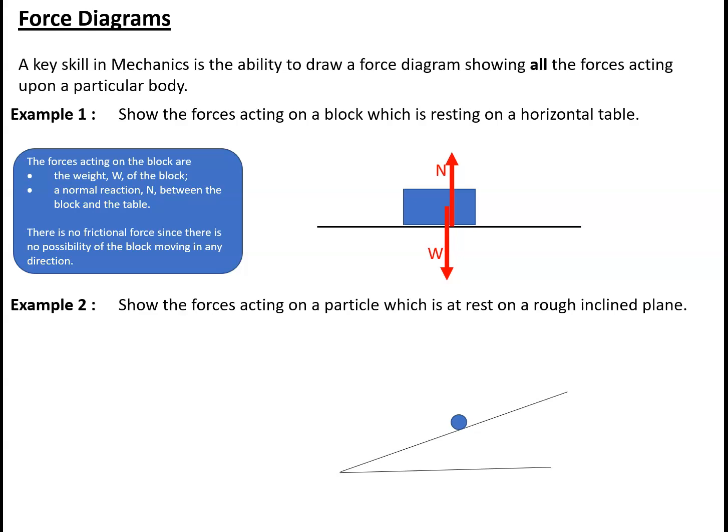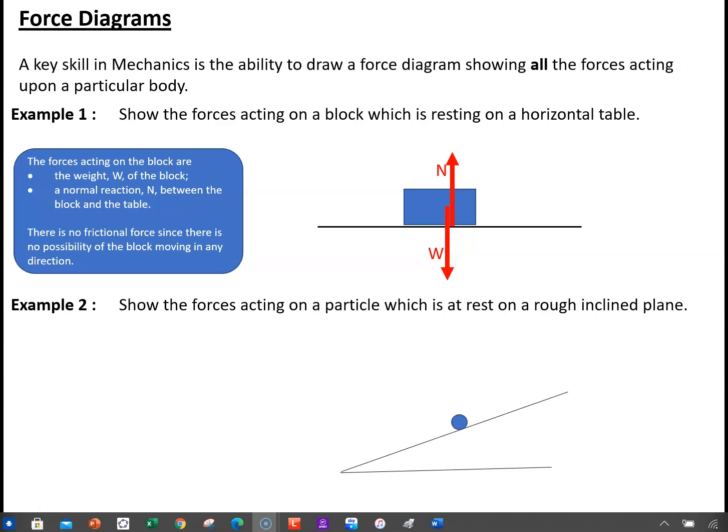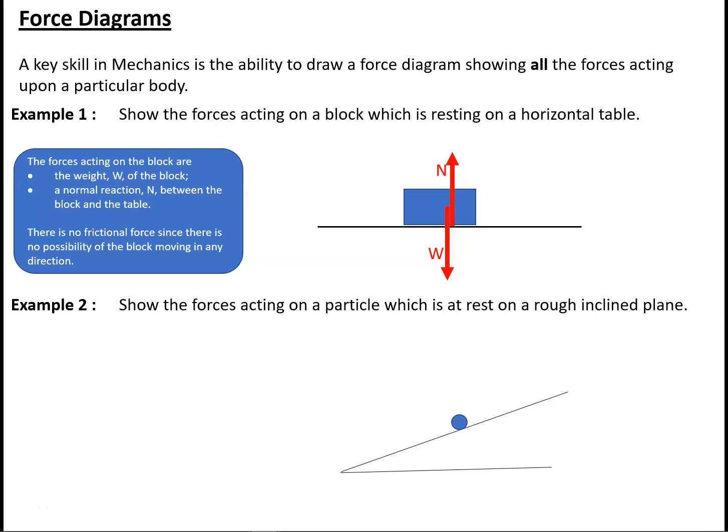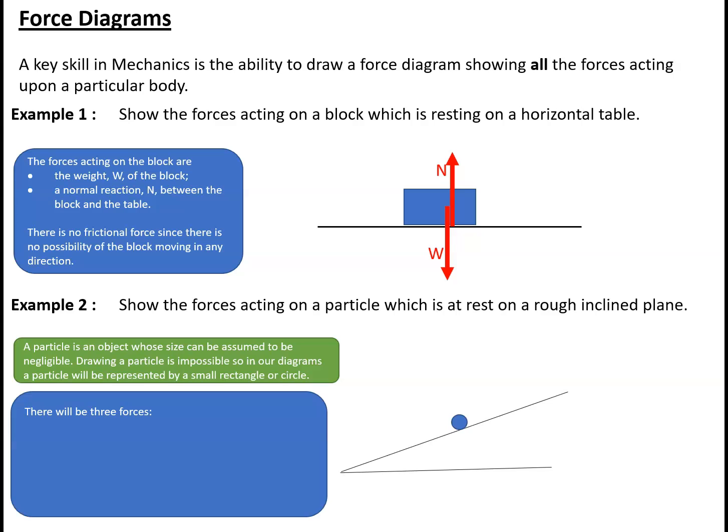If we've got the forces acting on a particle which is at rest on a rough inclined plane, then we represent the particle by a small circle or a small rectangle, and the forces that we've got acting are the weight of the object acting vertically downwards, and the normal reaction between the particle and the plane.